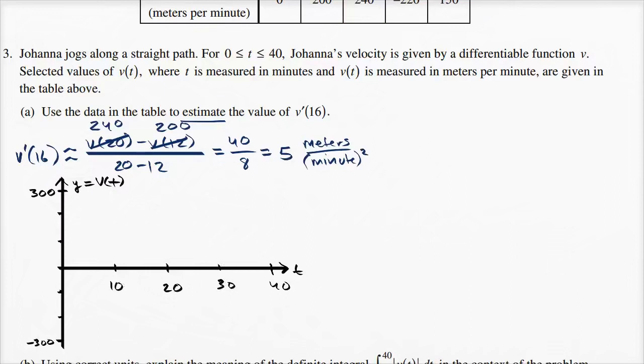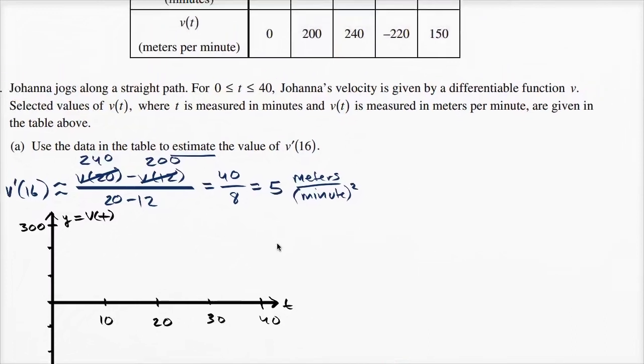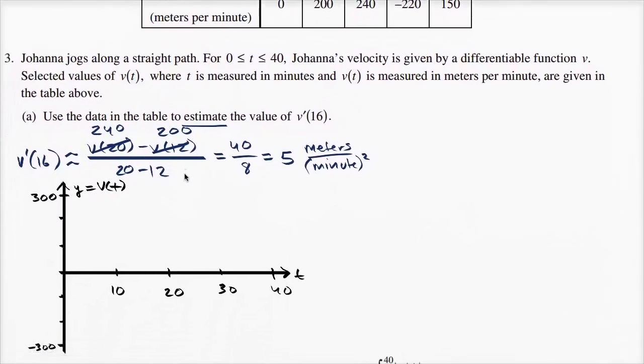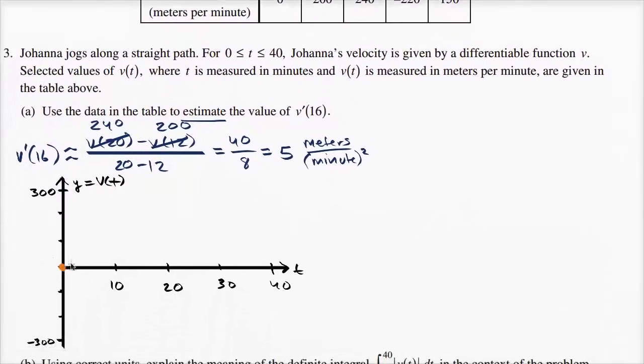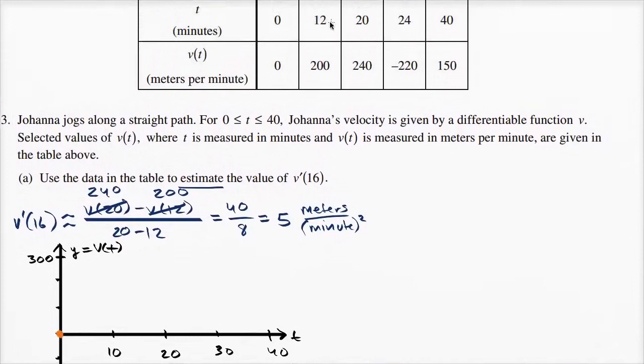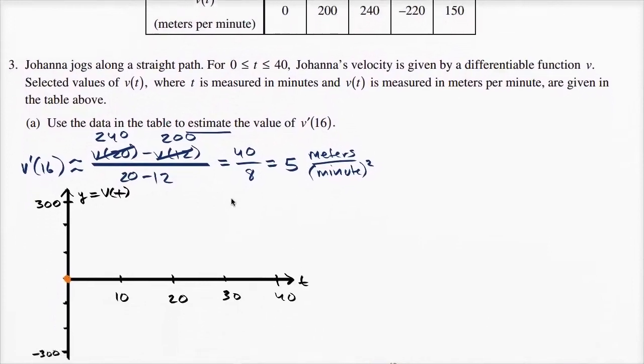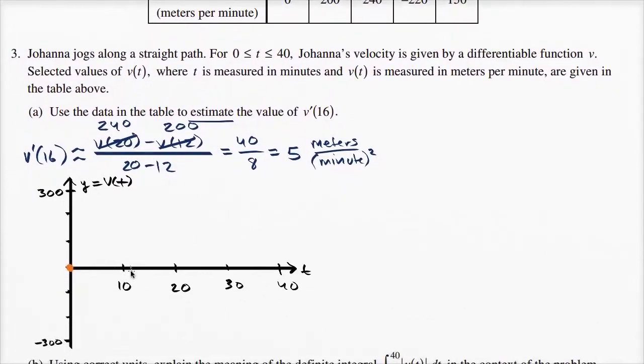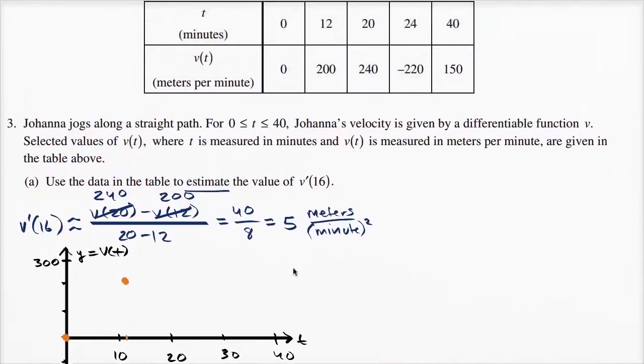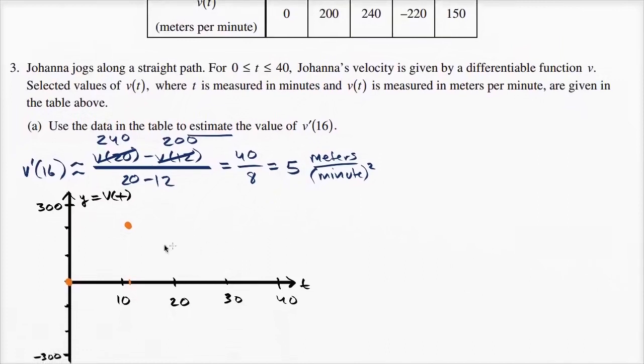And so what points do they give us? I'll do these in orange: 0, 0, so that is right over there. When time is 12, our velocity is 200, so that's that point. When our time is 20, our velocity is 240, which is going to be right over there.